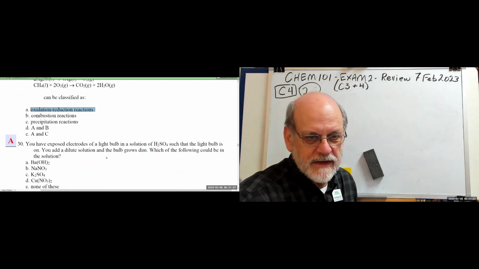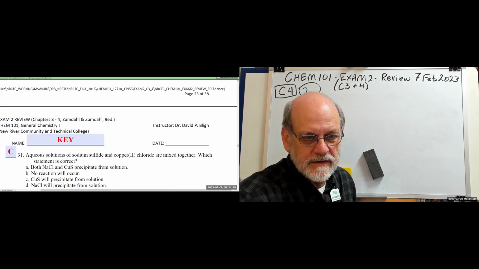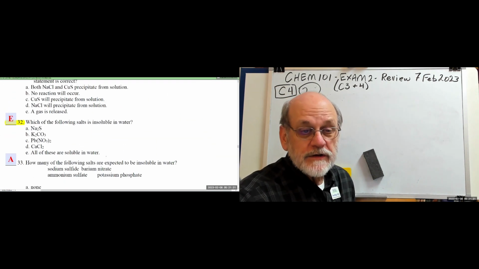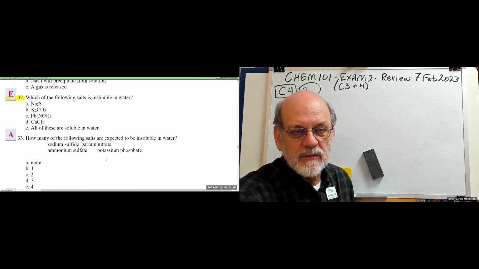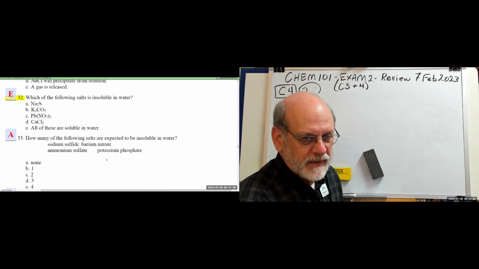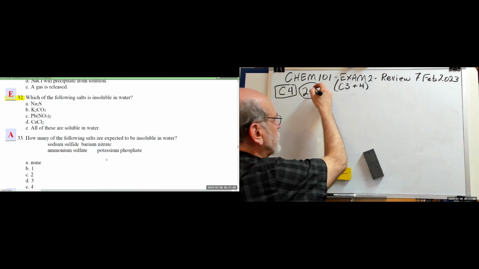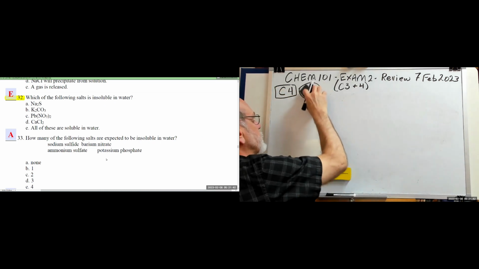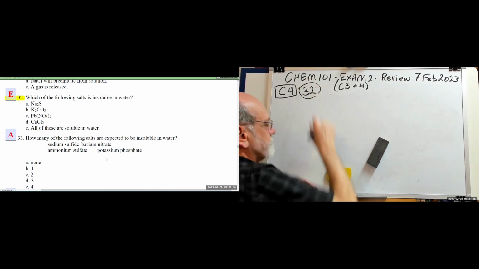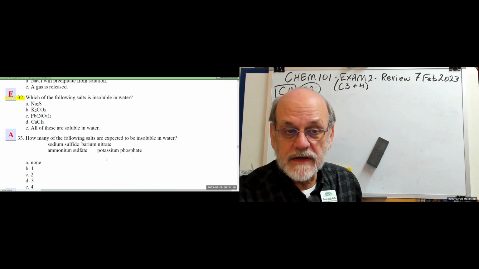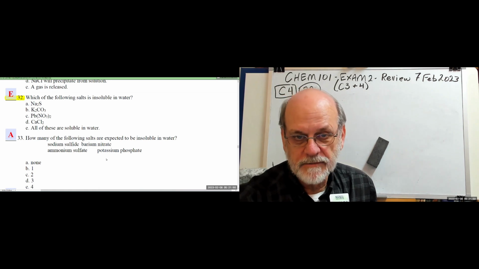All right, so let's skip 30 and see 32. Which of the following salts is insoluble in water? Let's see, 32. So what we need here is our solubility chart.